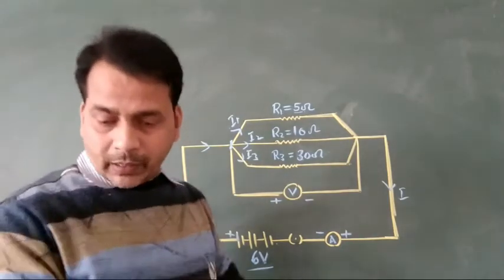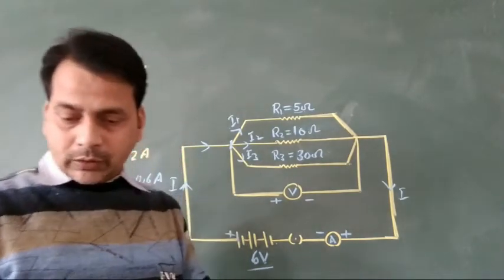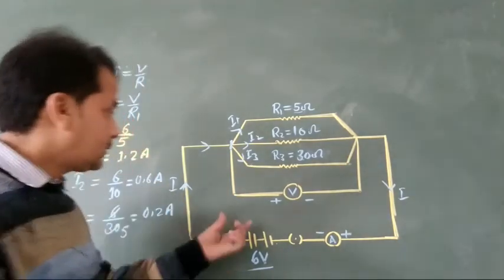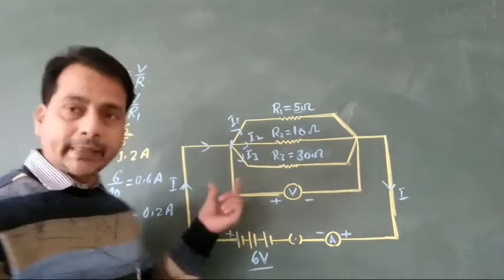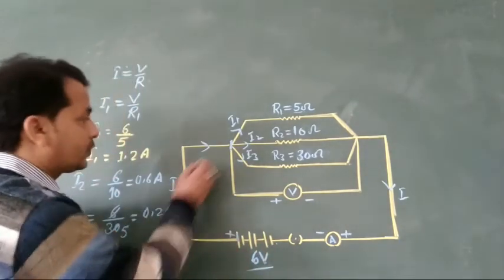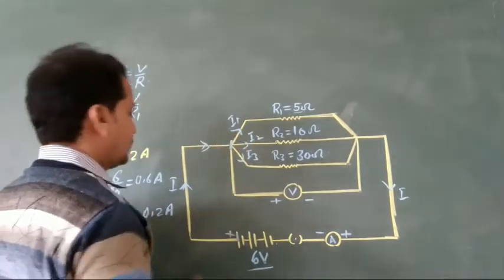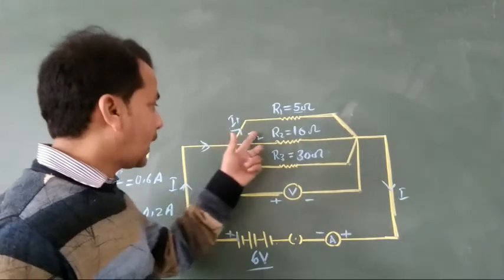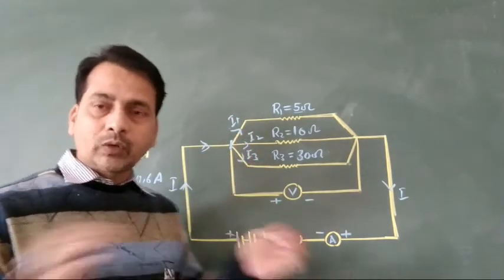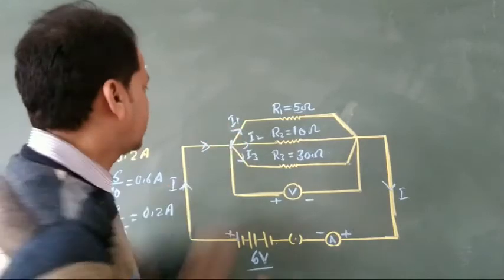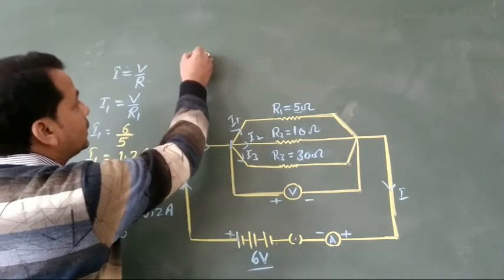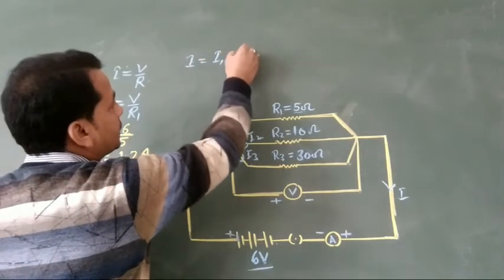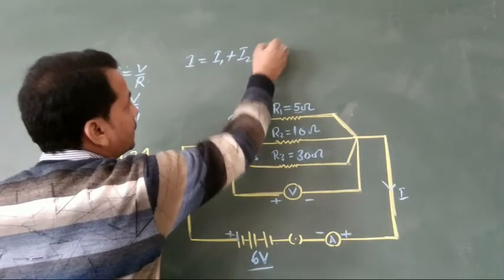So here is the next part of this question. Question 2: the total current in the circuit. Current I flows and is divided into three parts, I1, I2 and I3. So the total current I equals I1 plus I2 plus I3.